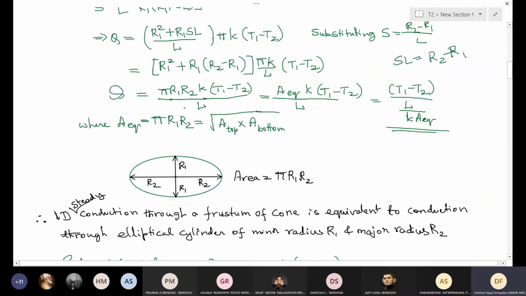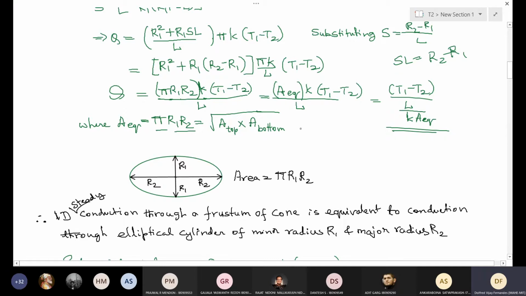You can write this pi r1 r2 as an equivalent area. Then we have k, thermal conductivity, times (T1 minus T2) by L. So this looks like a planar wall equation itself, but the area is not what we would normally obtain. What is this, pi r1 r2?